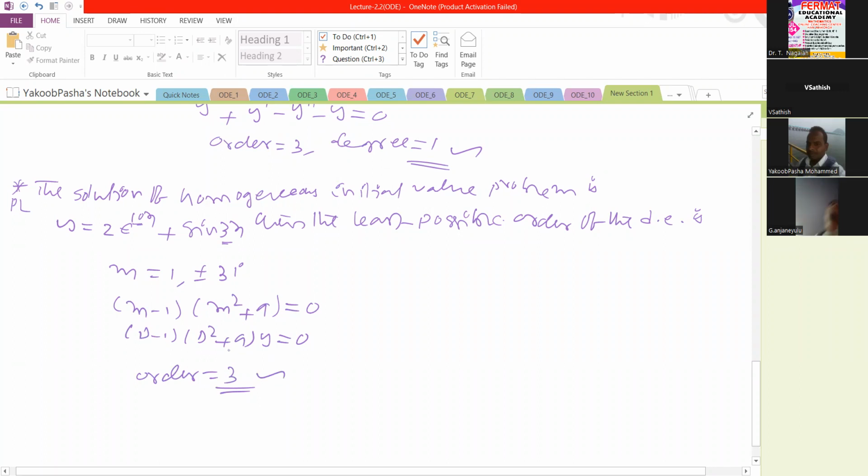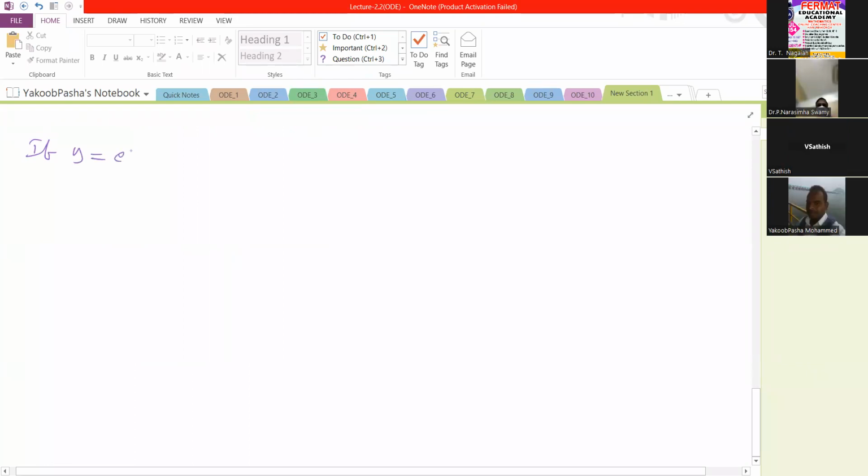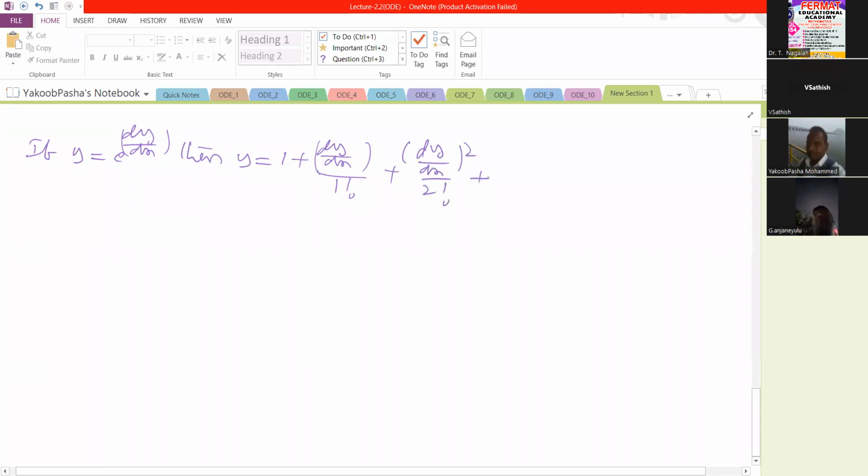Now I am taking one important thing to remember here. If the differential equation is of the form y is equal to e to the power of dy by dx, then we can write it as the expansion of e power x, that is 1 plus (dy/dx)/1 factorial plus (dy/dx) whole square by 2 factorial plus, and so on.